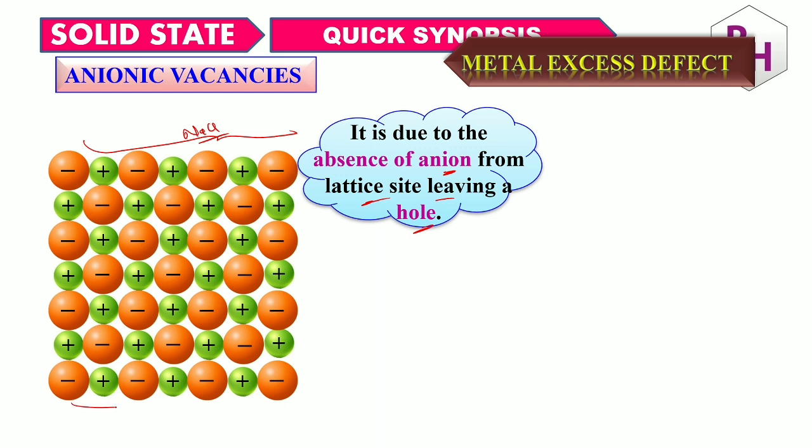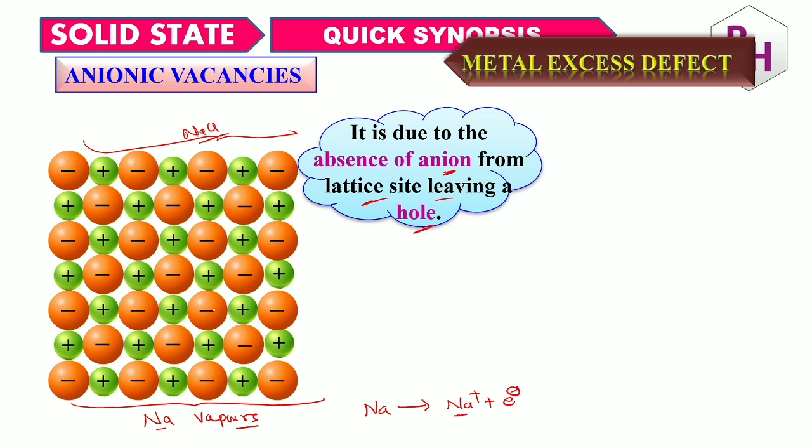This particular structure is heated in presence of sodium vapors. Remember, this is the NaCl structure heated in presence of sodium vapors. Now what will this sodium do? First it will form Na+ and an electron. Correct?